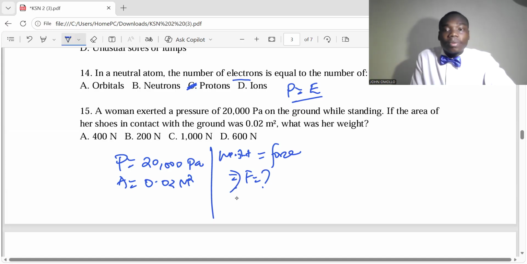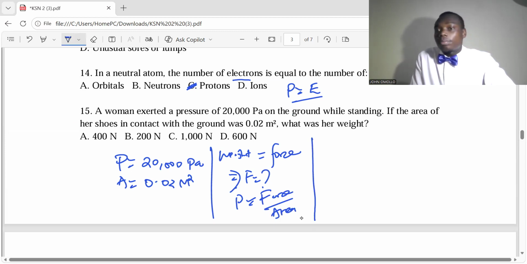So let's go. Pressure is equal to force all over area. So in that case, we have pressure, we don't have force, and we have area. That is the way we have been asked. So if we want force, we just cross multiply.